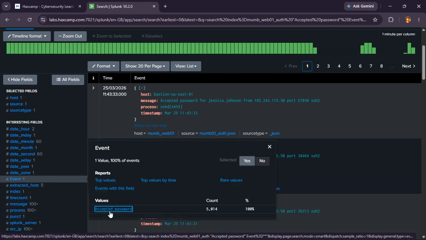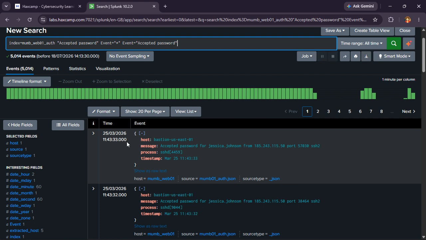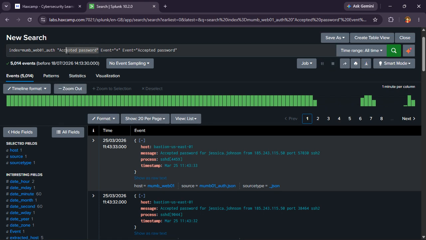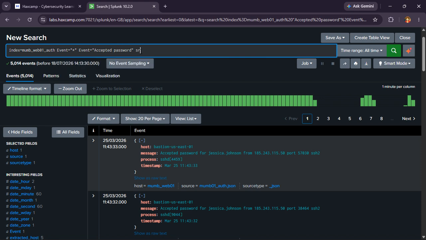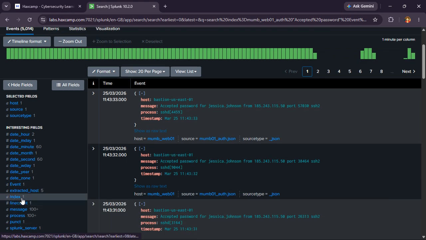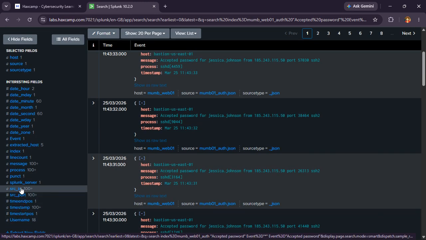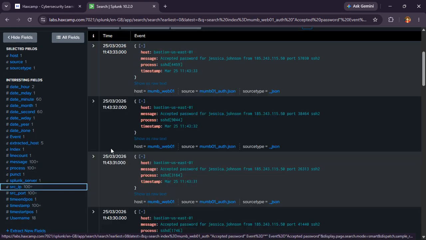Event accepted password. Okay, we know the IP is which SRC. We don't need to sort this. The SRC IP is here. This is the SRC IP.